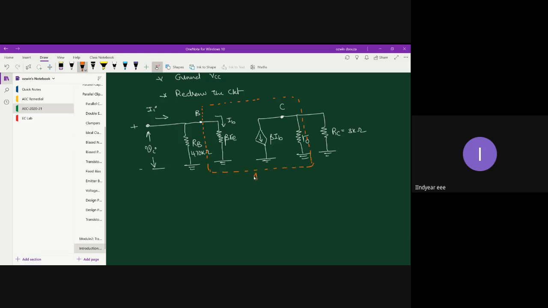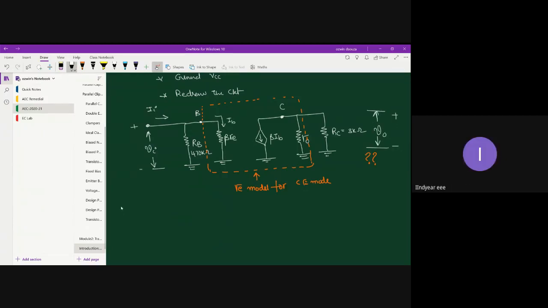This is my re model for CE mode, common emitter mode. Did you understand? Can I go ahead? Yes, sir. So this is my V0.